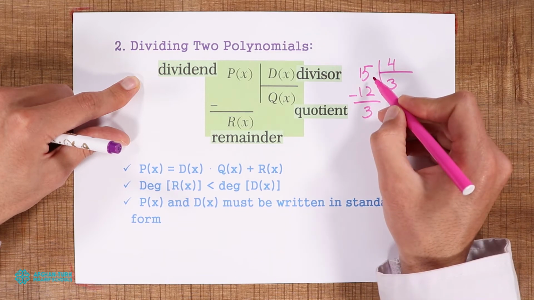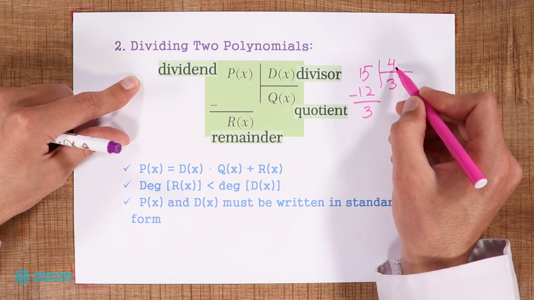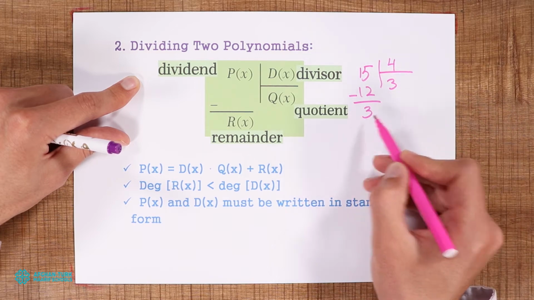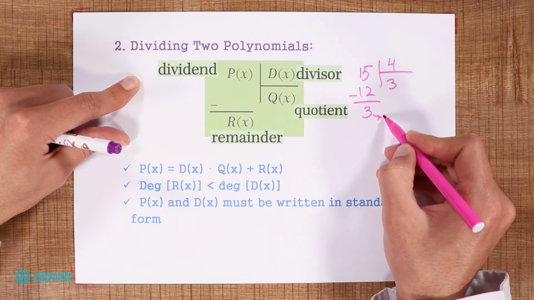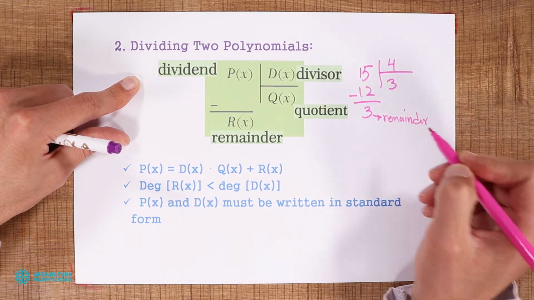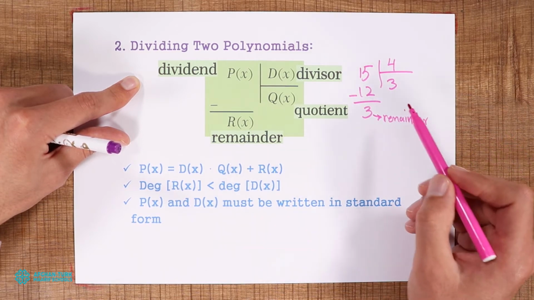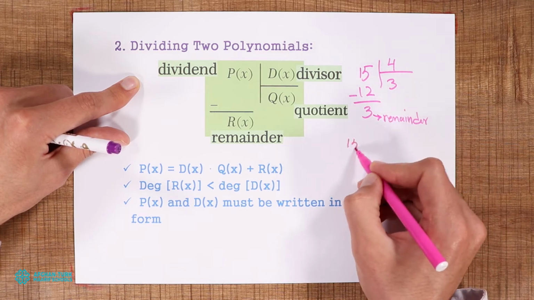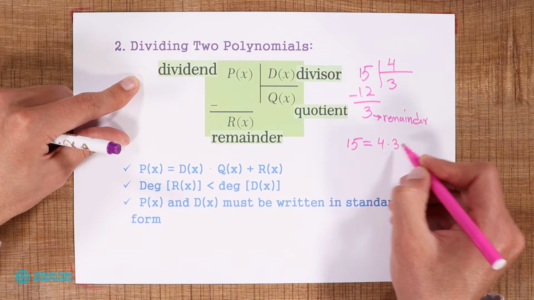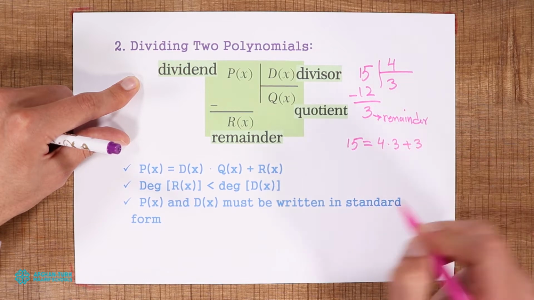So in here 15 is called the dividend, 4 is called the divisor, 3 is called the quotient, and 3 is the remainder of the division. As you know, in here 15 is equal to 4 times 3 plus 3.